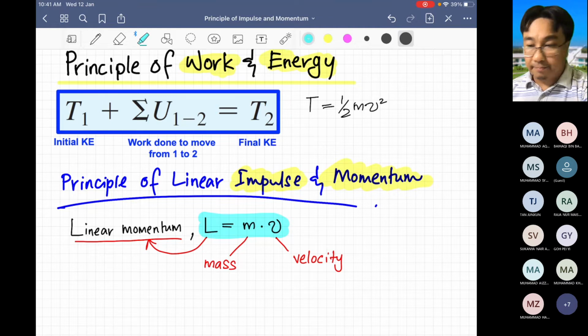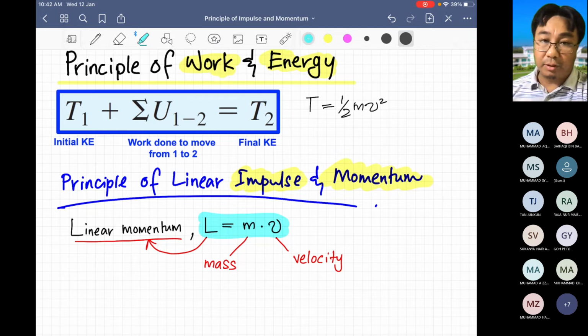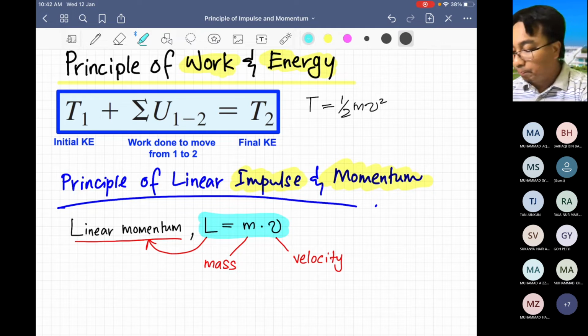The second thing is, if you reflect back to the principle of work and energy, we have kinetic energy, and we have work. There are many types of work done. We have learned about three or four types of work done: work done by force, work done by weight, work done by spring, and so on.